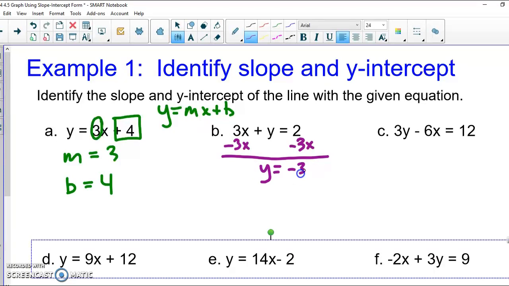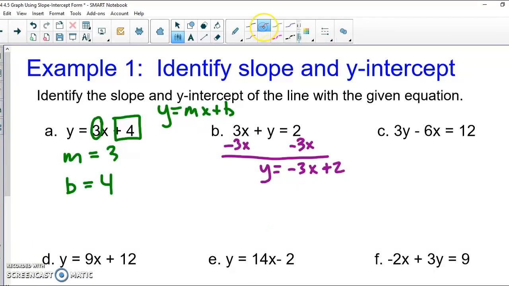And on the right-hand side, I have a -3x and I have a +2. So that it's in y equals mx plus b form, I'll write it with my x term first. And now I can find my slope because it's my coefficient of x, so in this case, -3. And my b, my y-intercept, is the constant that I'm adding to it, so a +2.